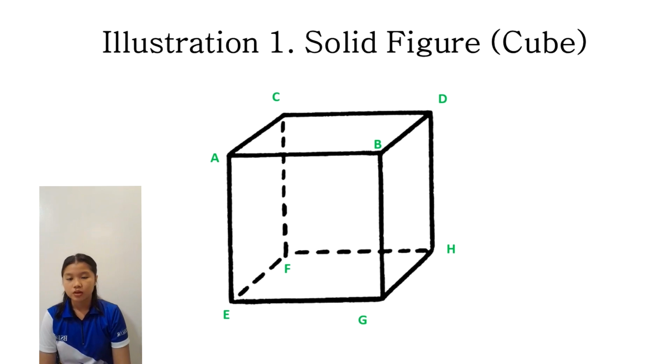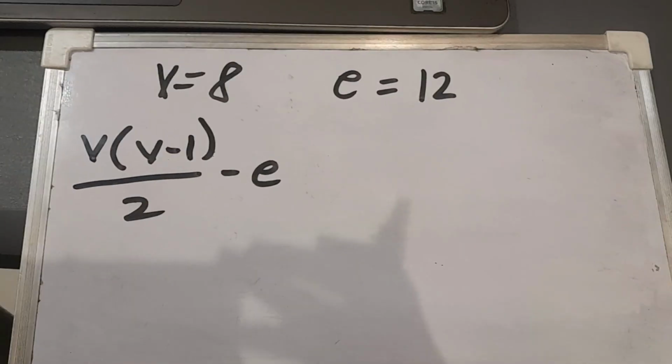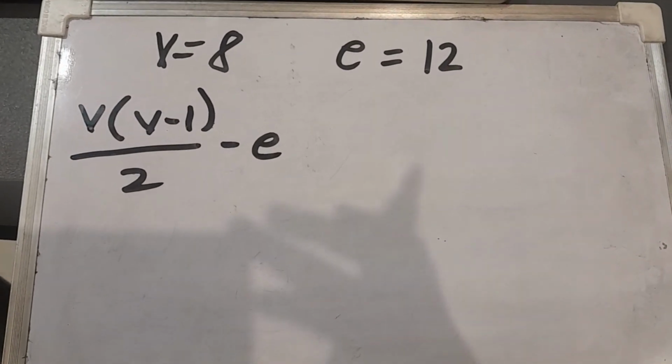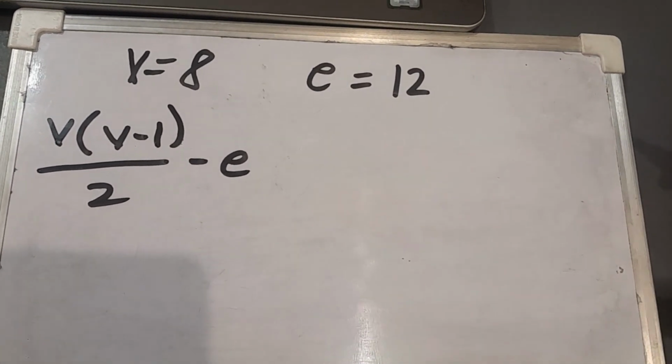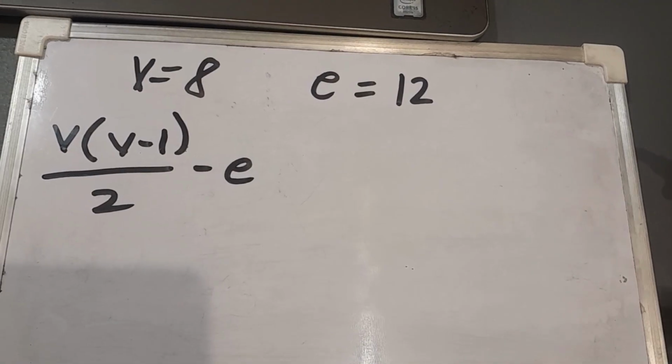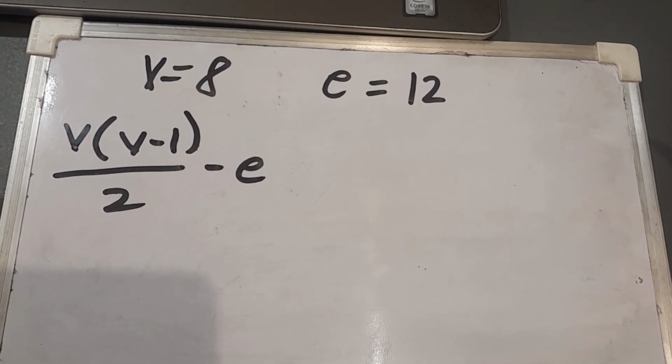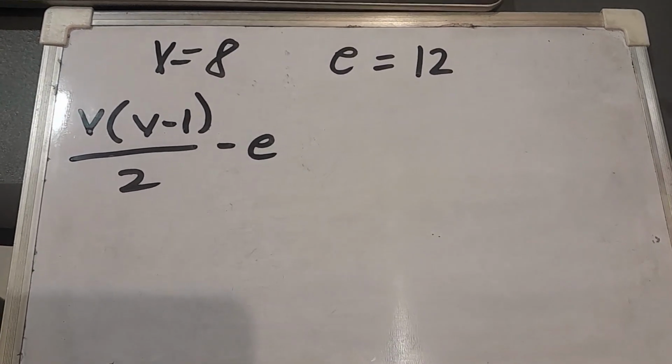So from this formula, to verify the conjecture that it can solve the total number of diagonals in a solid figure, here is the illustrative example.